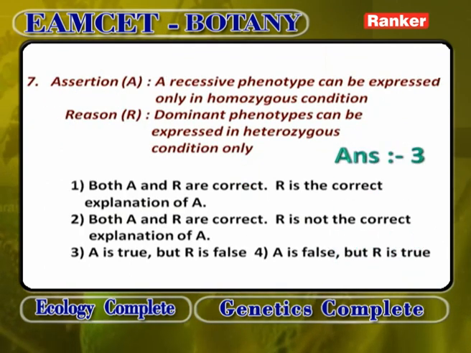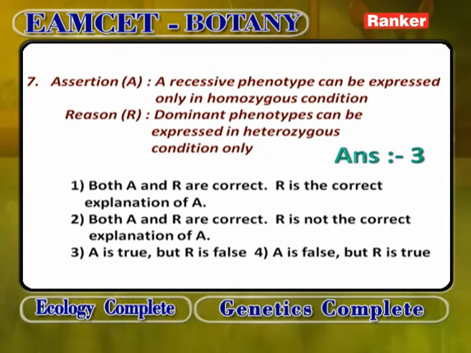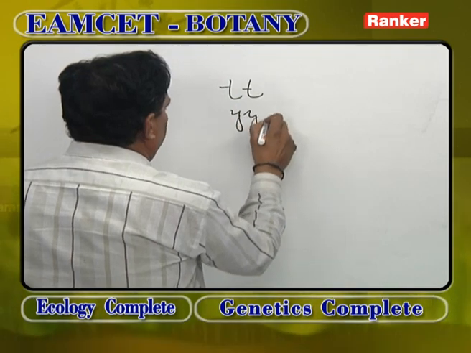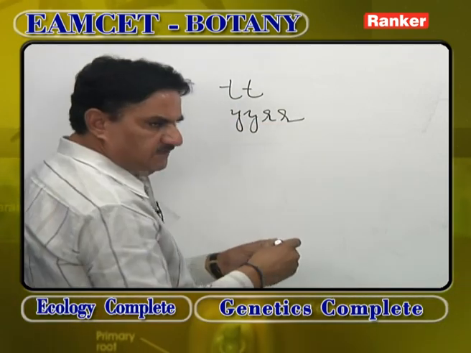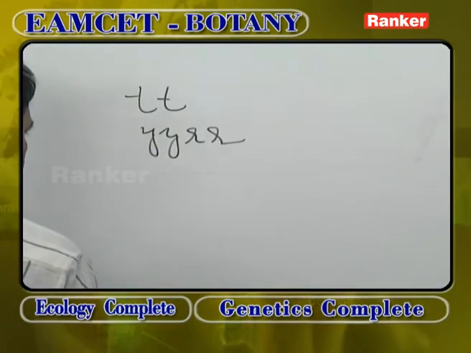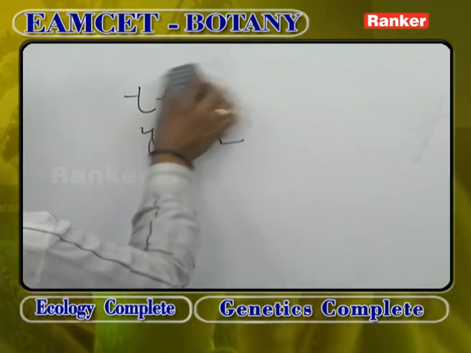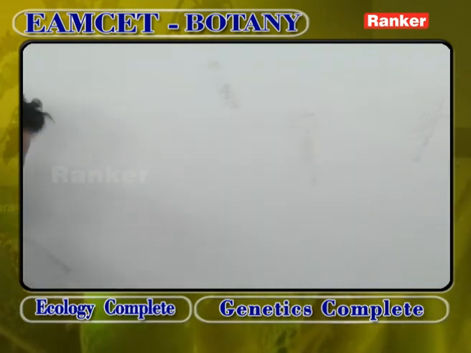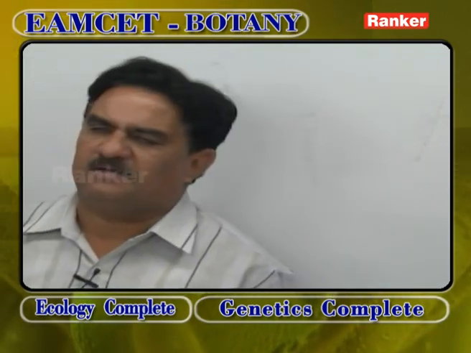This is an assertion-reasoning question. A recessive phenotype can be expressed only in homozygous condition. So a recessive phenotype is always expressed in homozygous condition, like small t, small y, small r. That is correct.